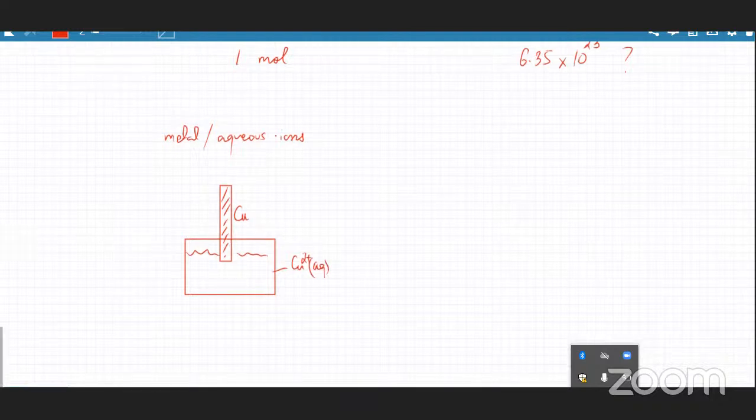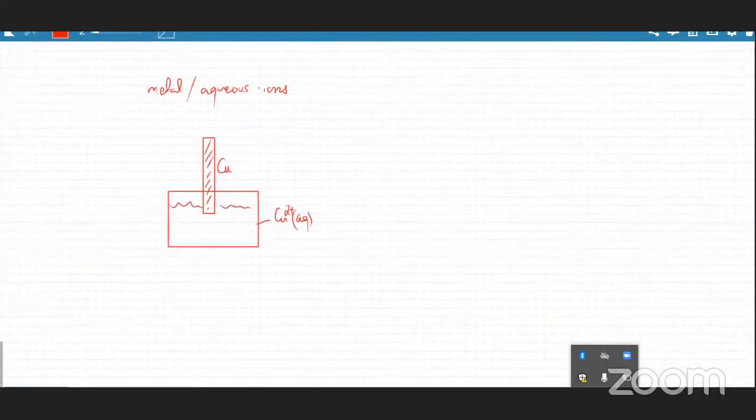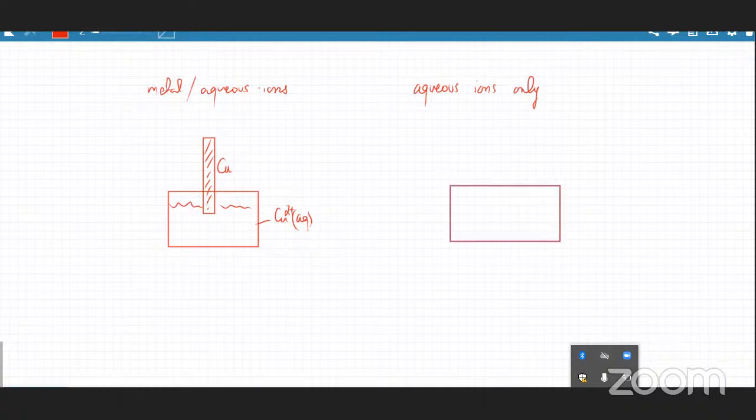The other type of electrode is going to be if it just contains aqua signs. Now, if it just contains aqua signs, then it's going to be a solution, and you're going to add a platinum electrode into the solution.